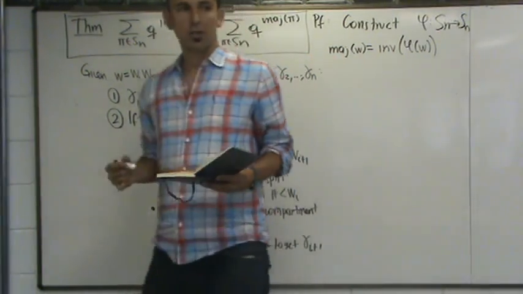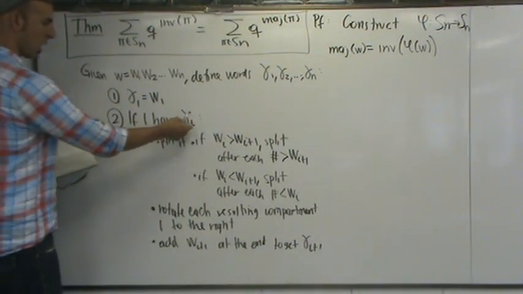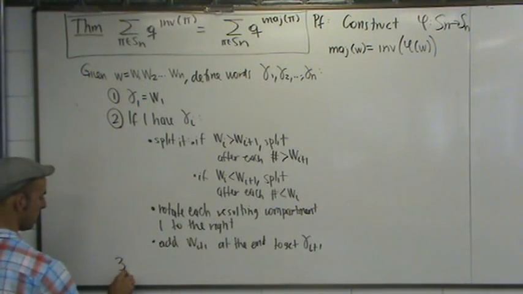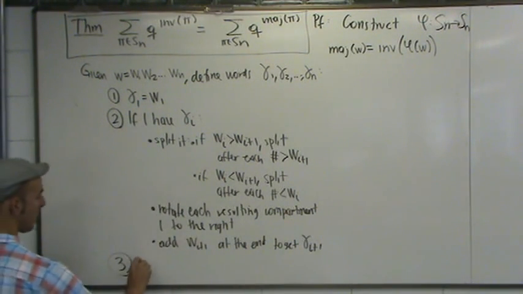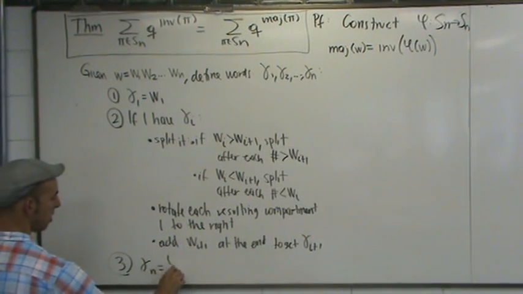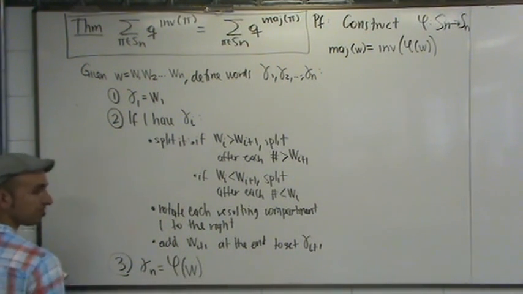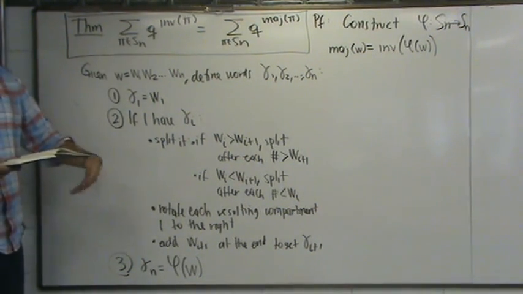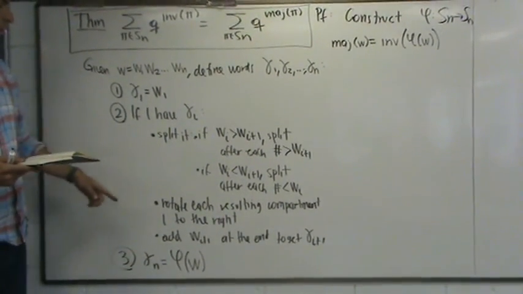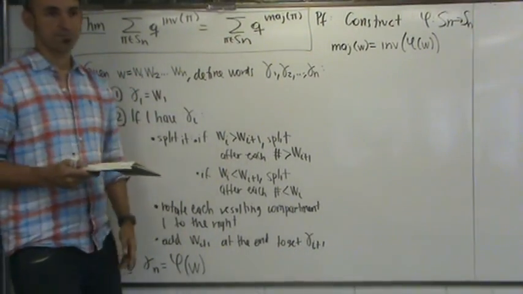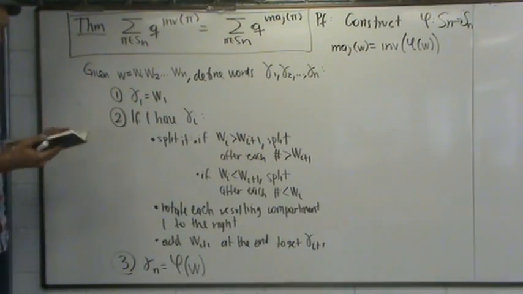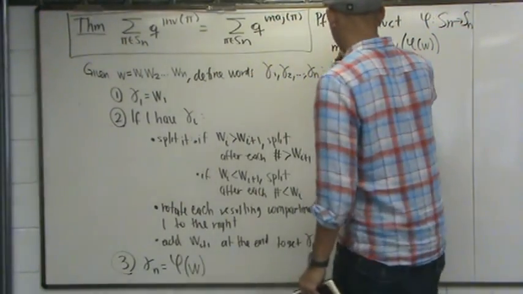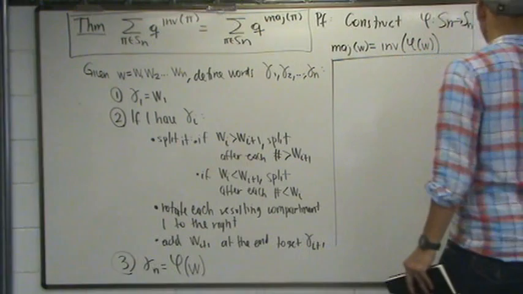Okay? So this is some procedure to go from the word gamma i to the word gamma i plus 1. And then the point is that gamma n is going to be my phi of W. Okay, so you perform this procedure, and when you're done with it, the word that results at the end is going to be phi of W. Okay, now let's see what on earth this is supposed to mean. So let's do an example.